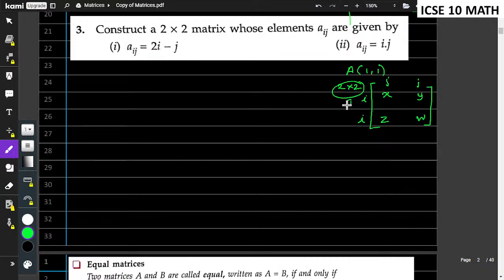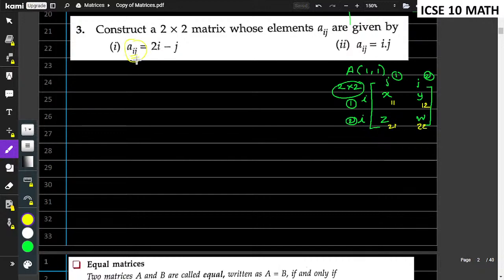So this is first I, this is second I, this is first J, second J. Now consider these are like axes and we're trying to find the position of X. X is 1 and 1, so we write 1 1. Y is 1 2. Z is 2 1 and W is 2 2. So these are their positions with respect to that particular matrix.